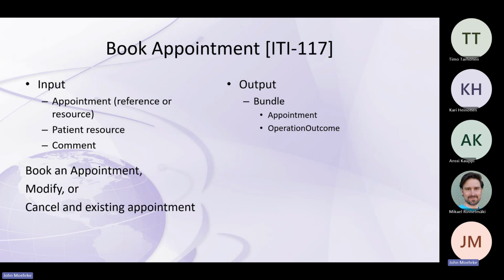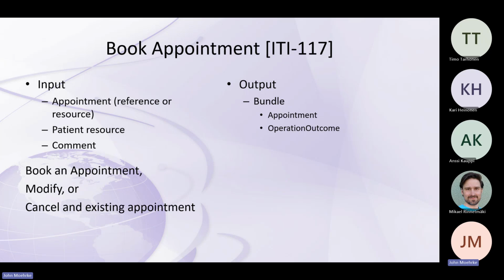So, for example, if you have booked it in the past and you now want to cancel, you would change your appointment resource and the status of the resource, and you would pass in the resource instead of the reference, and with the cancellation. So there are things that you can modify. There's ways in which you can cancel.